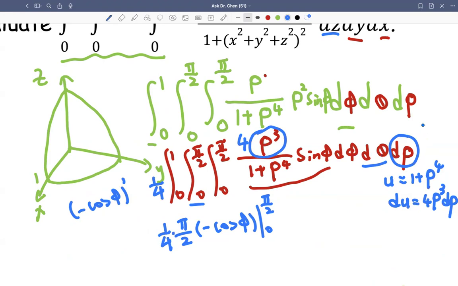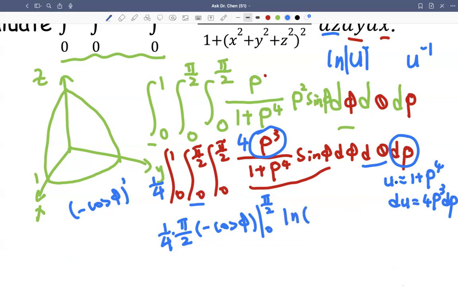So 1 over u is u raised to minus 1, and the integral of 1 over u is just ln u. So in the rho direction, we just get ln of u.